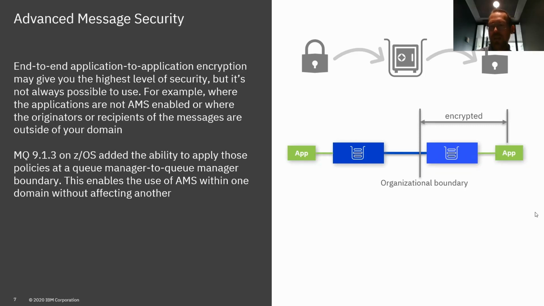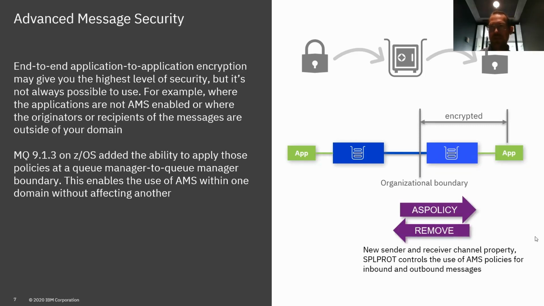What we've done is provide the ability for channels to remove or apply AMS protection as messages flow through them. To give you an example, if an organization has an AMS requirement, that means all the messages moving through that organization are encrypted. But when those messages transition from that organization to an organization that doesn't have AMS support, MQ will automatically decrypt the message before forwarding it to that other organization.